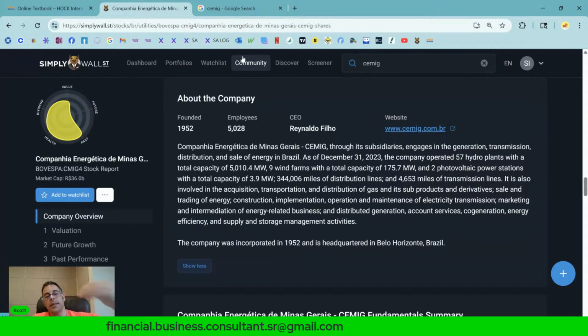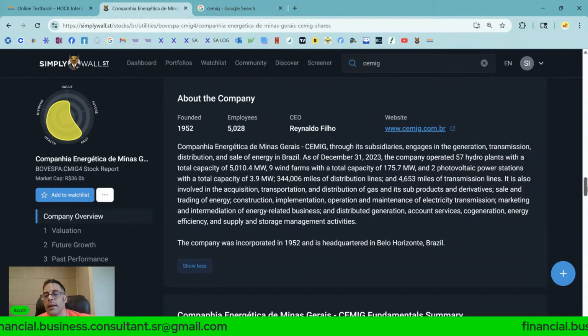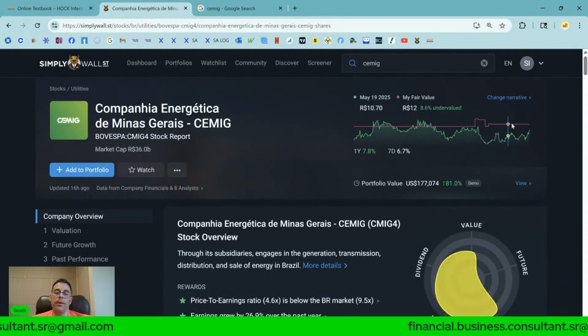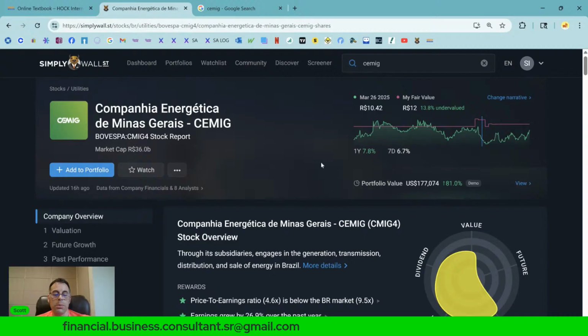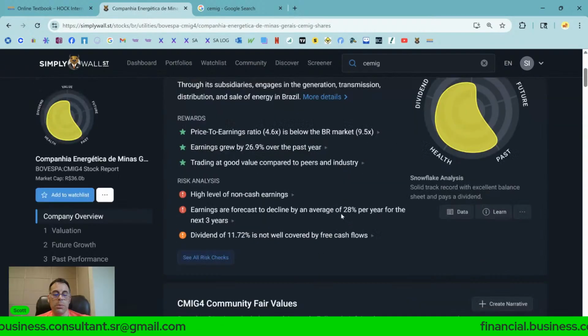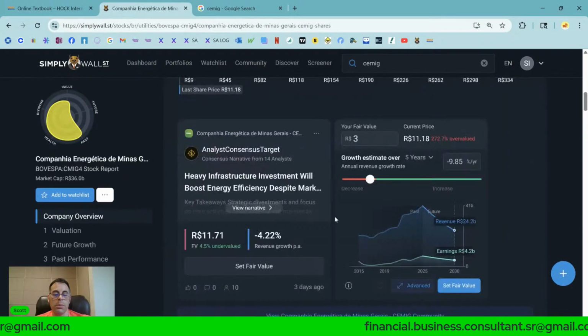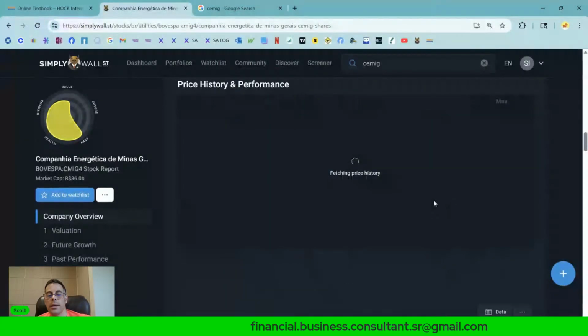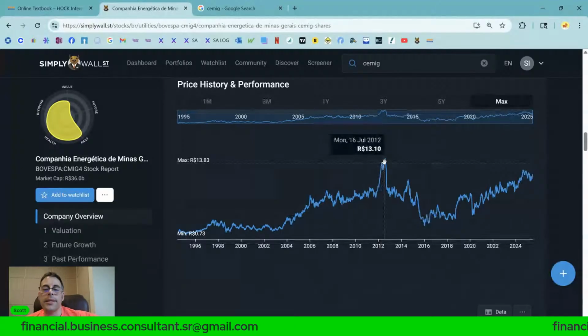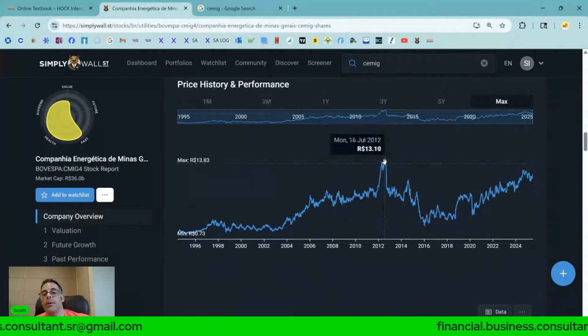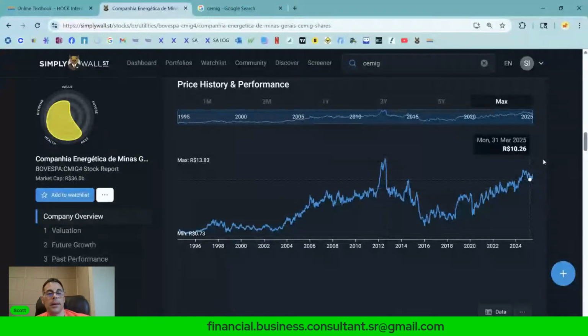So it has like a ceiling, even if the fundamentals and the financials are good. So that was 13 reais. It's getting back, but it's going to be usually discounted.